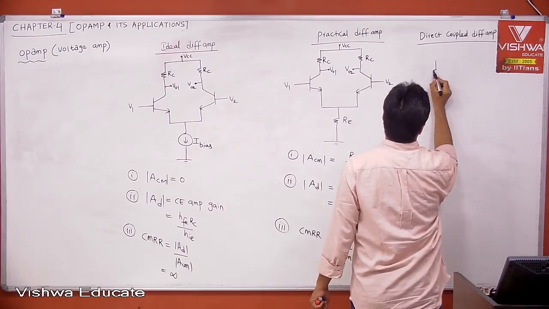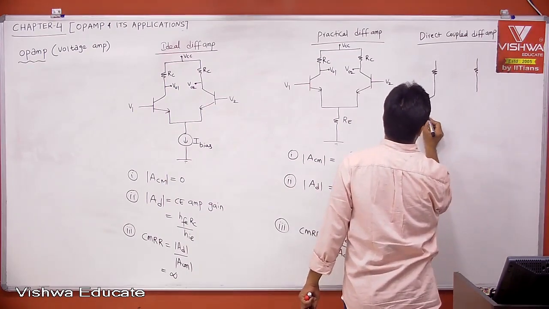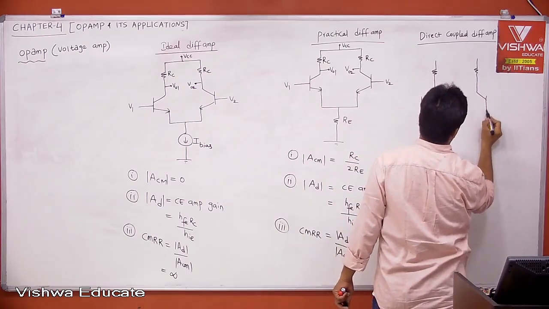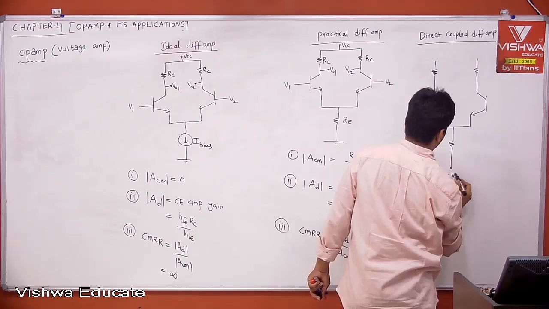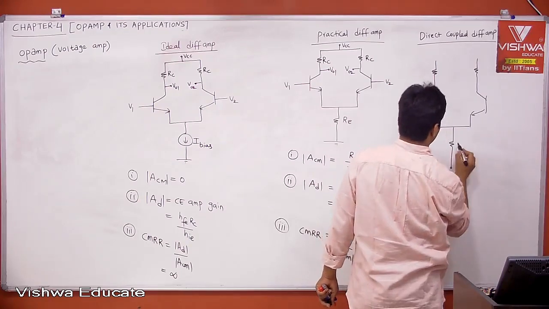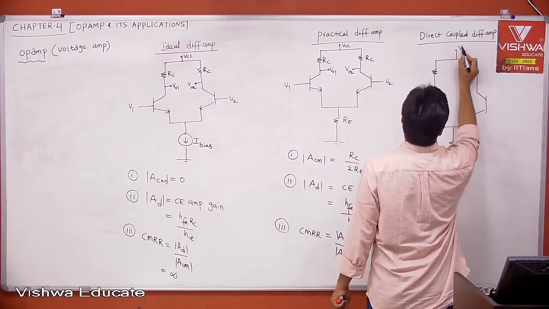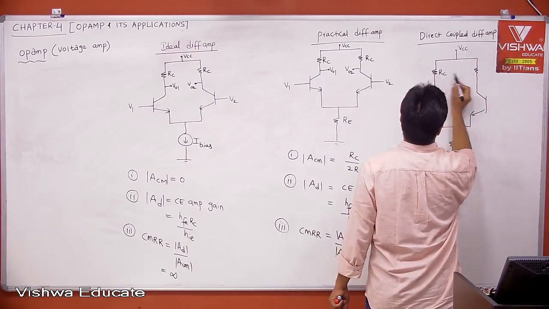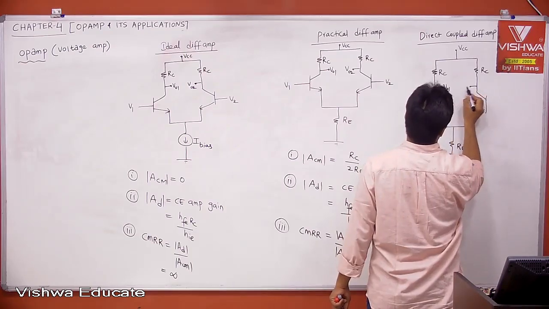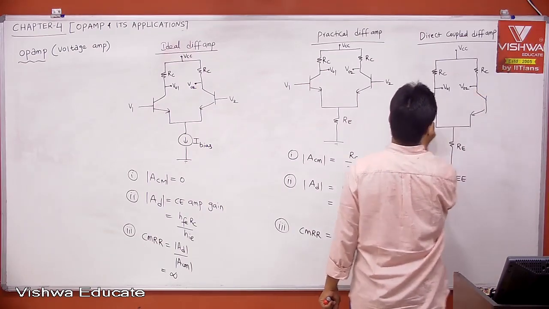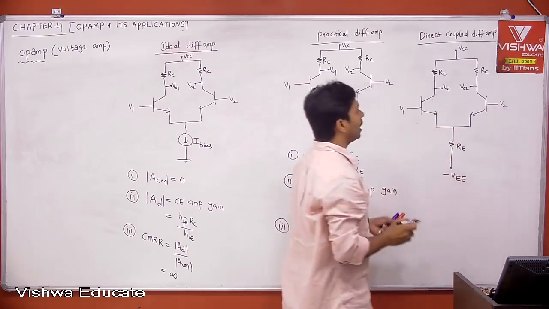For the practical, a simple circuit with minus VGG, if you give a dual power supply, then VCC, RC, whatever you get here, small V01, there is no DC signal because you will get average 0 only, and this is your small V1 and small V2. We don't need any capacitor.